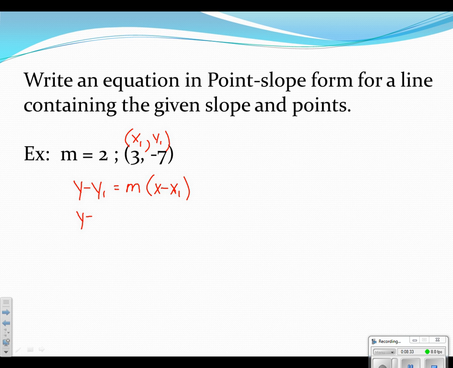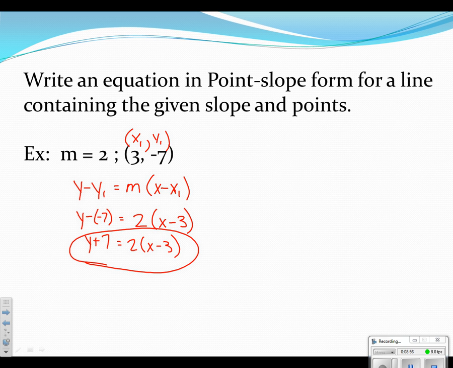So y minus a negative 7 is equal to slope times x minus 3. So simplify: y plus 7 equals 2 times x minus 3. Here's the point-slope form for our given line.